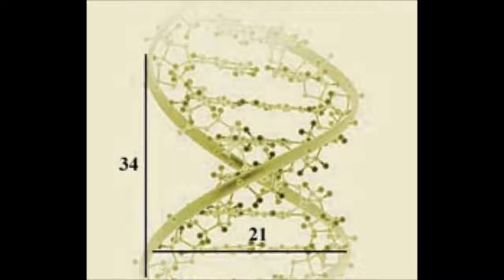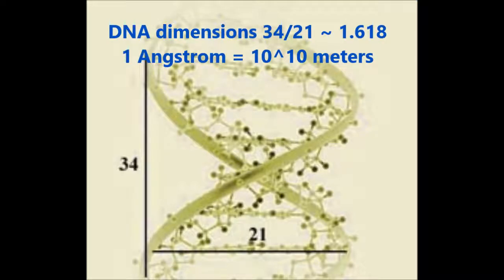DNA consists of 2 spirals and molecules. Between 2 spirals' lengths there are 34 angstroms and its width is 21 angstroms. 21 and 34 are in the Fibonacci series. So the structure of the DNA is built on the golden ratio.